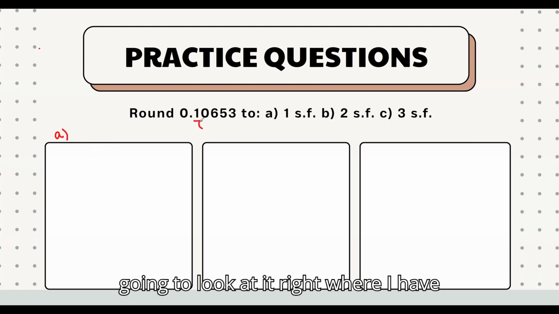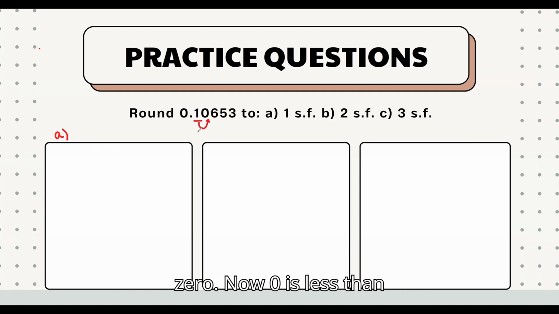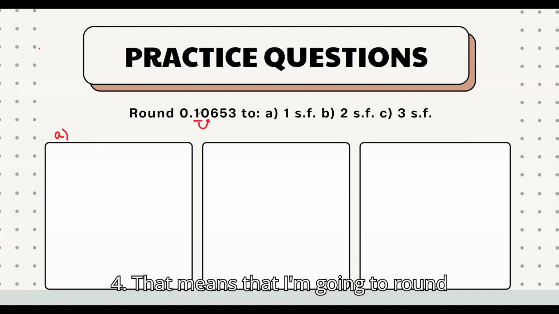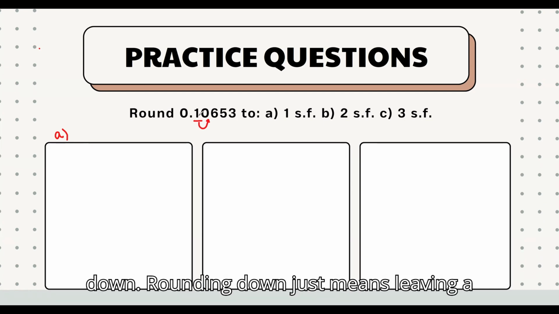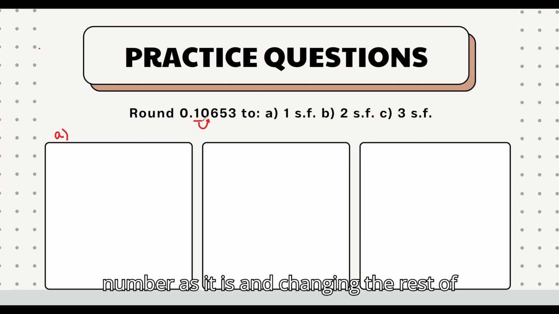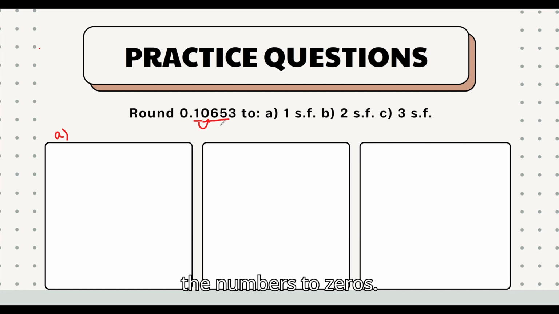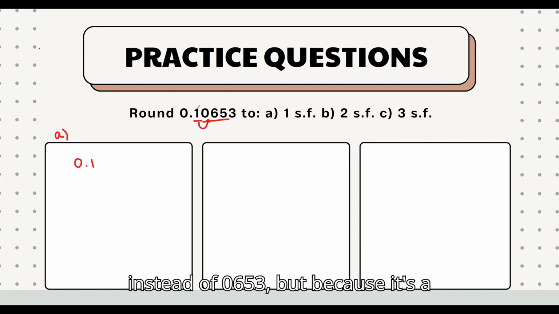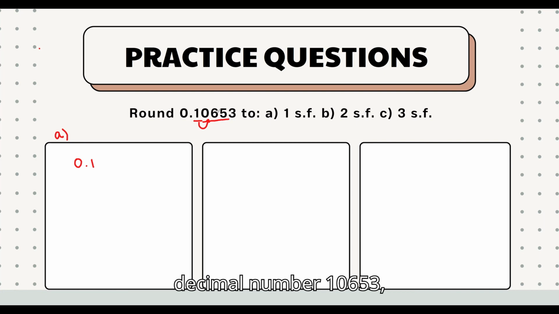I'm going to look at its right where I have 0. Now 0 is less than 5, so I'm going to round down. Rounding down just means leaving a number as it is and changing the rest of the numbers to zeros. So my answer is going to be 0.1. You can write zeros instead of 0653, but because it's a decimal number, I'm not going to write these zeros because it's not necessary.